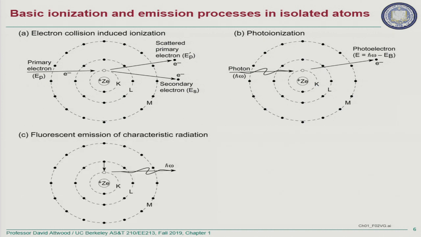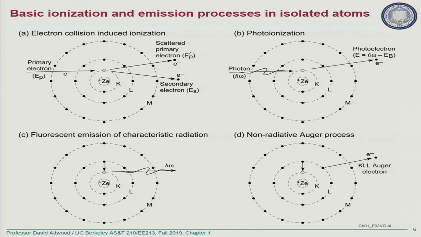And then you could also have fluorescent emission, where there is just a natural decay of an electron from a higher state to a lower state, which emits a photon of the energy difference.